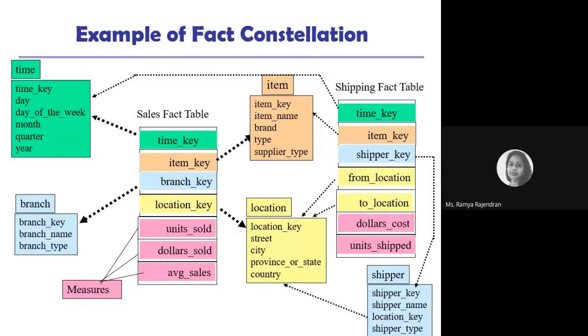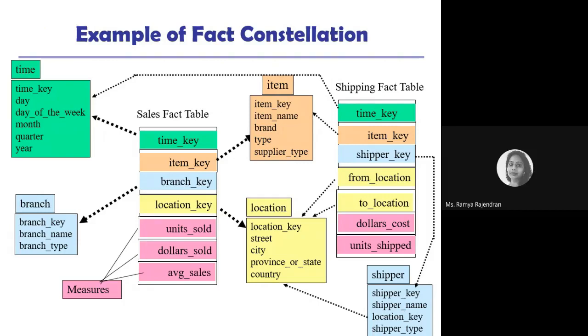Okay, so for galaxy schema, we have the same fact table. This all remains the same, whereas here we have a shipping table. This information has to be present, right? For example, I'm a company shipping my products from my place to my customer, so obviously I'm going to have a shipping table.